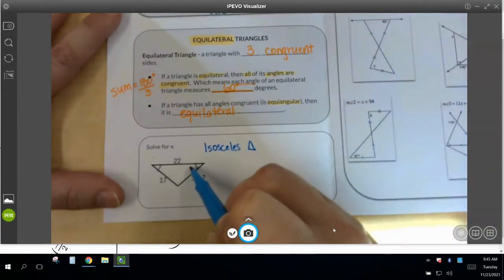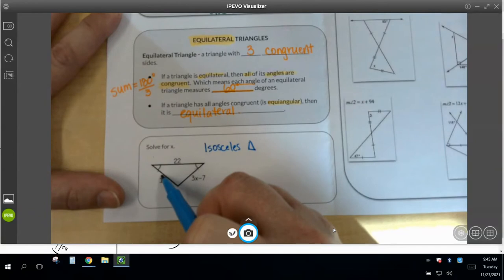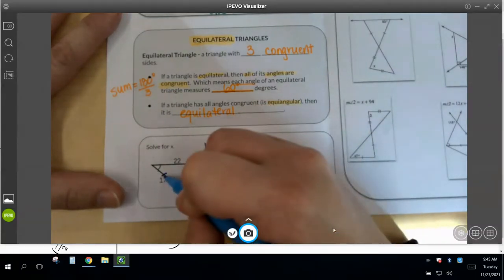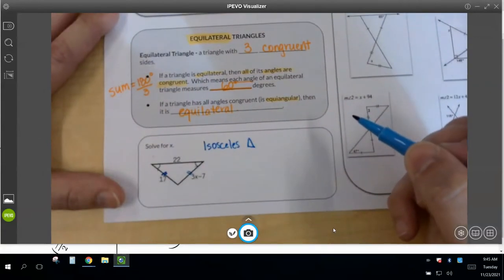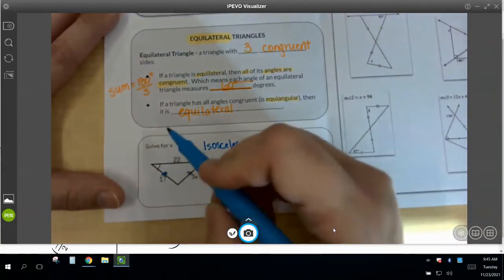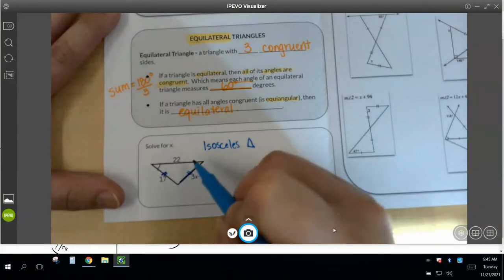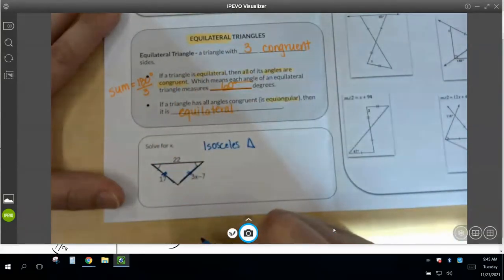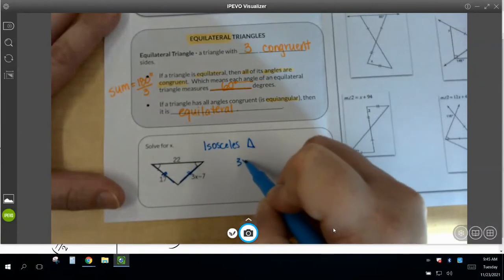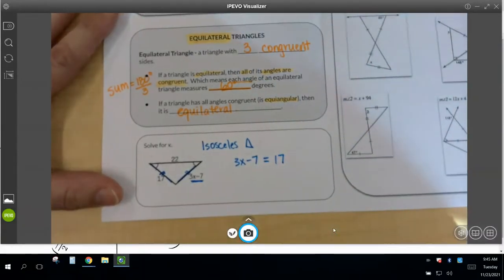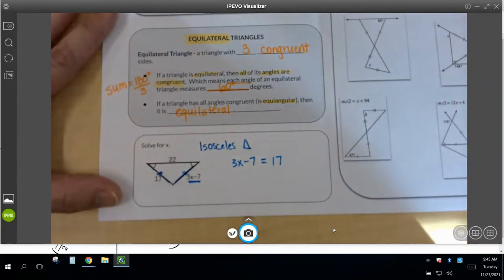And the sides that are opposite those angles, so the 17 and the 3x minus 7, are going to be congruent to each other. So both sides essentially have to be 17 units here. So 3x minus 7, this side also has to be 17 because this side is 17.